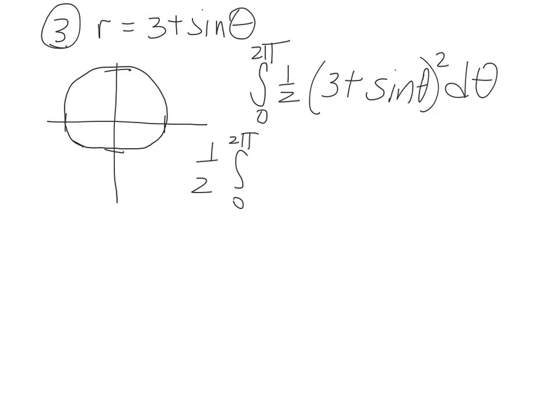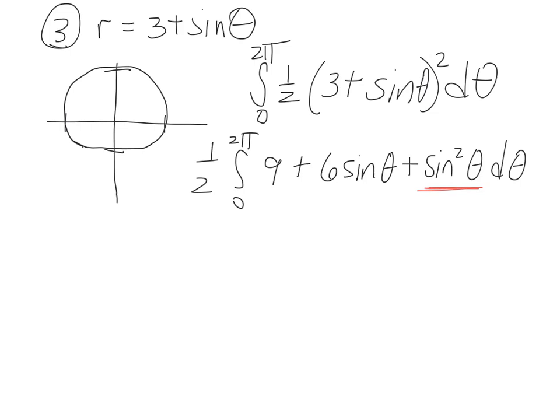We're going to go ahead and square this quantity, which means we're going to FOIL it out. So 3 squared is 9, plus twice the product of the first and last term. So 3 sine theta and 3 sine theta would make 6 sine theta, plus the last term squared, sine squared theta d theta. And now we do need to use the power reducing formula for this sine squared theta.